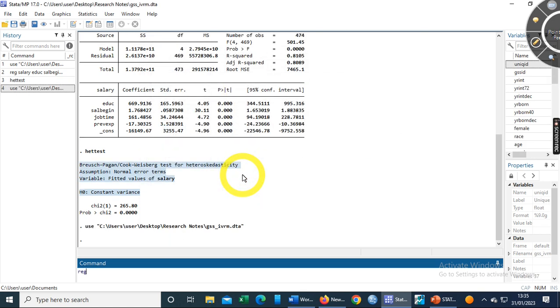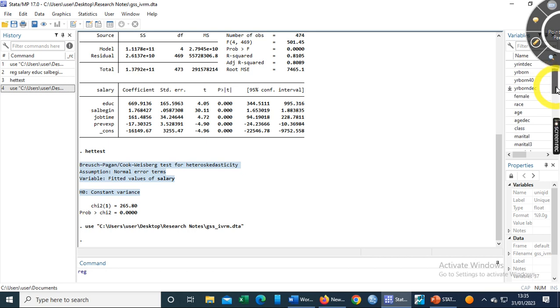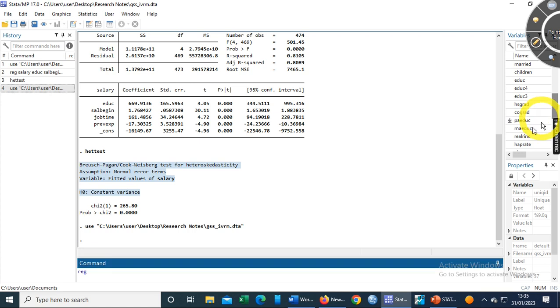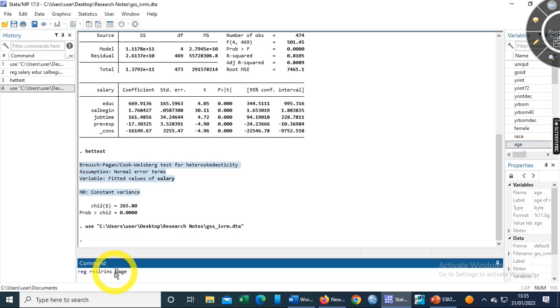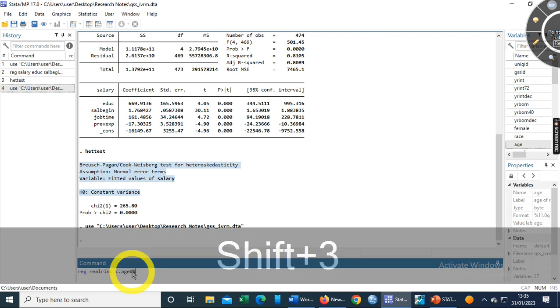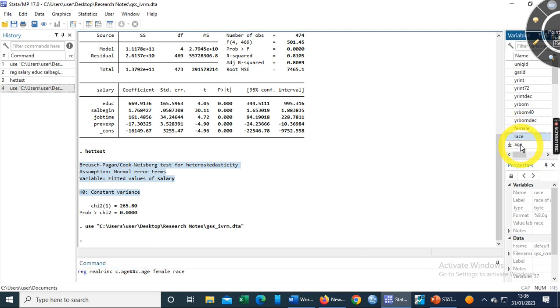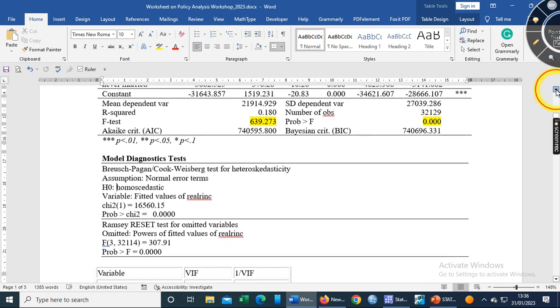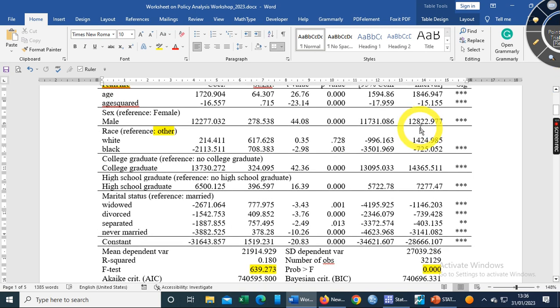Look, regress real income on age, c.age##c.age, then female, race, marital status as another variable that we have in the regression model, sex, college graduate, and high school graduate.